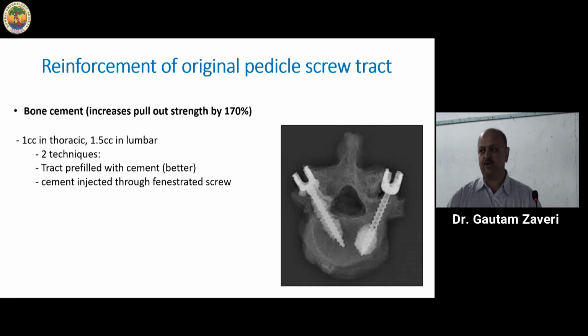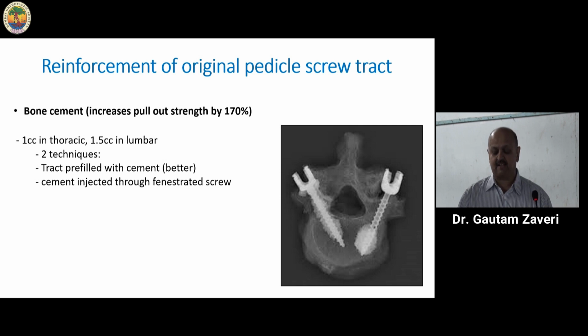The second option for us in the reinforcement of the original pedicle screw tract is what all of us have ubiquitously started using, and that is bone cement. The tract can be pre-filled with cement, which is better than using a fenestrated screw. The second option is using a screw which has holes in it, putting it in, and then injecting cement.